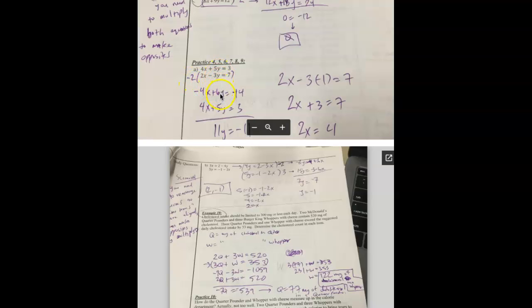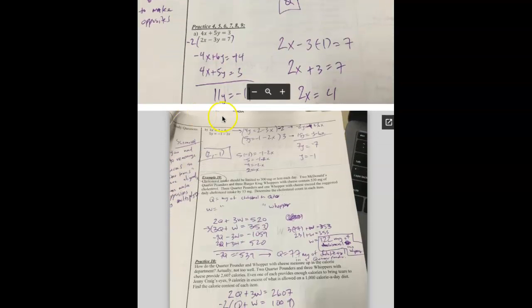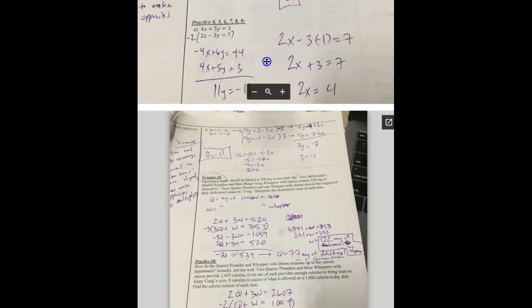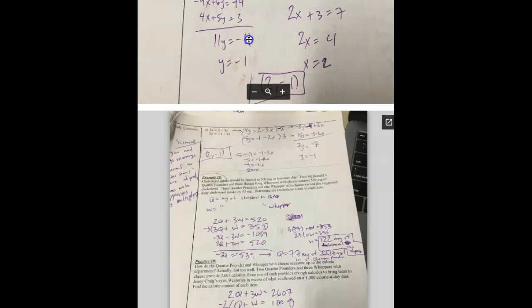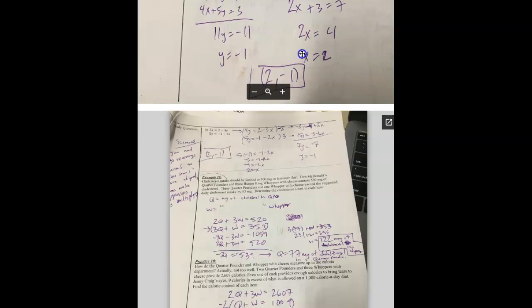Negative 2 times negative 3 is a plus 6y, negative 2 times 7 is negative 14, so this is the equation after multiplying it by negative 2. 4x plus 5y equals 3. I just copy that down again, and then when I add these equations, the x's cancel out, and I end up with 11y equals negative 11, which gives me y equals negative 1.